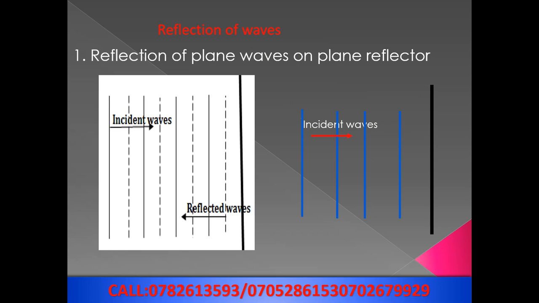Incident waves are reflected back also as plane waves. So the dotted ones represent the reflected waves. So when they are plane on a plane reflector, they are reflected back as plane waves.